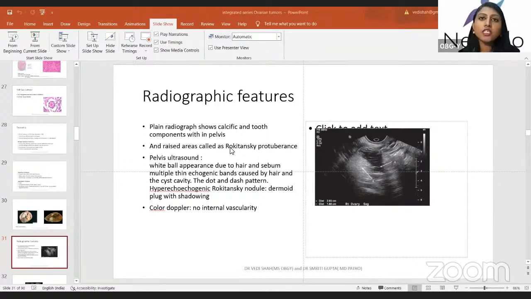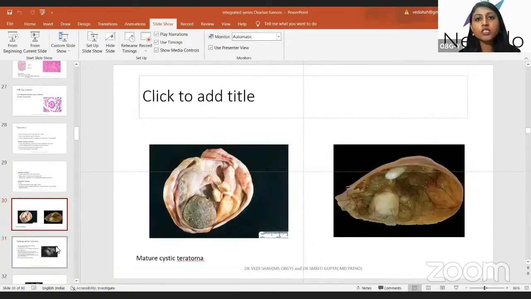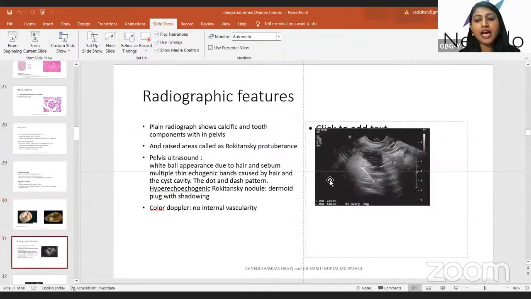similar structure on ultrasound. Now, as ma'am rightly mentioned, it might be containing a ball of hair, as you can see in this picture. So that on the ultrasound is going to be noted as a mixture of the sebum and the hair, where because of the room temperature, the sebum is going to get liquefied, and the hair is going to float in this liquid sebum, which is going to produce a dash and dot kind of pattern.